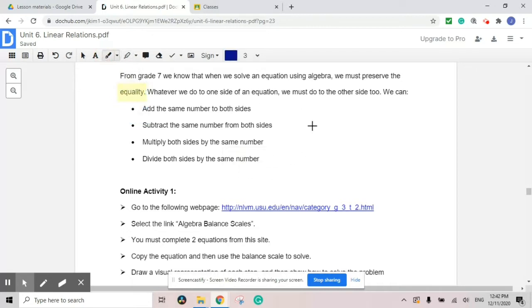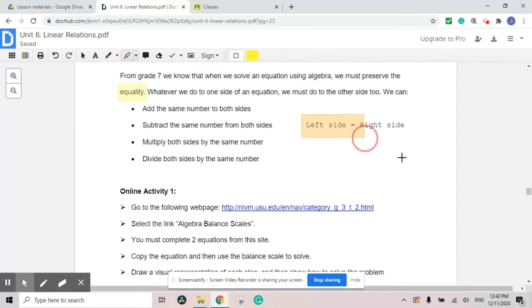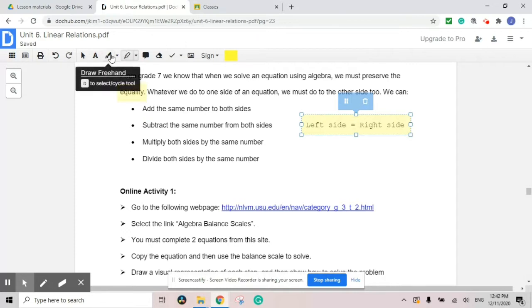Generally you have the left side, where people put x, y, z, those kinds of unknown variables, and on the right side some kind of constant. Left side and right side are equal to each other. This is one thing that you need to understand.